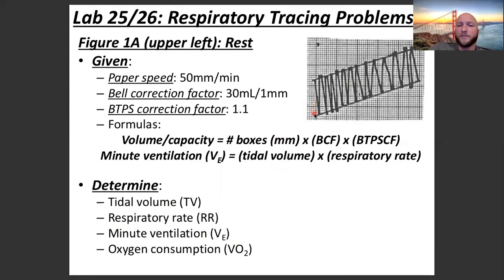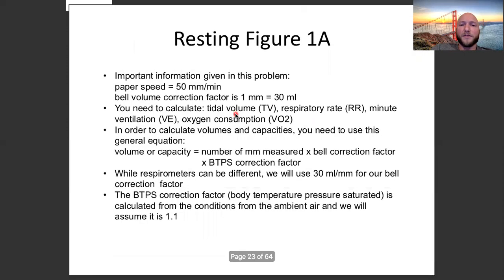For tidal volume, it's a volume. So to calculate volume or capacity, it's the number of boxes times Bell correction factor times BTPS correction factor. So let's do it for tidal volume.